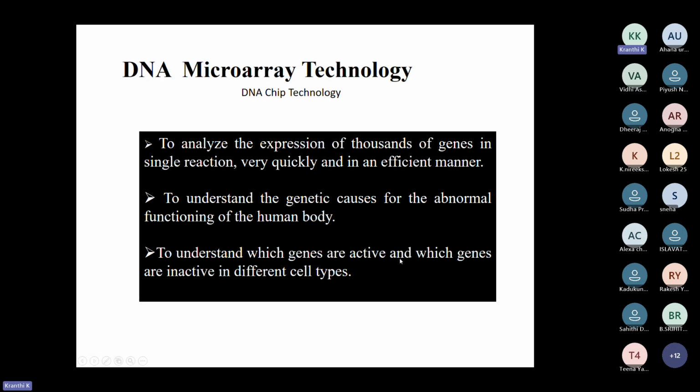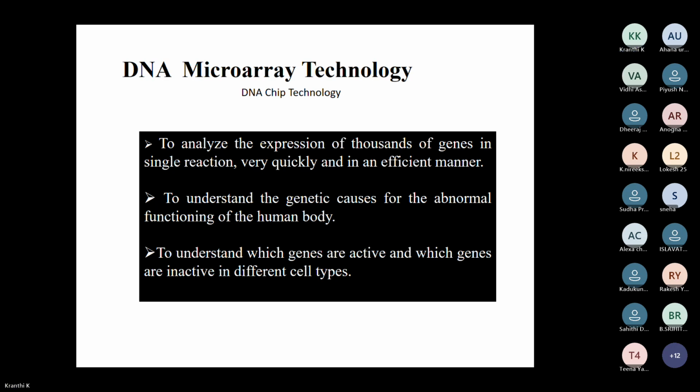Because if some genes are not expressing, DNA has the information, right? DNA carries the information, and that information is given to the mRNA. What does the mRNA do? It carries the message from the DNA, and based on the message, it synthesizes the different types of proteins required for our body.